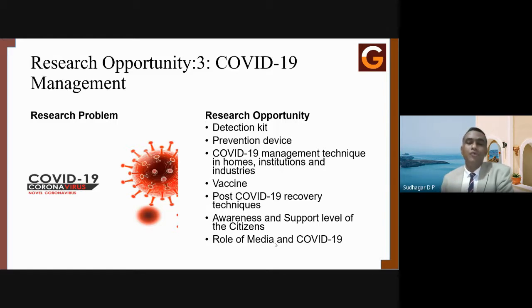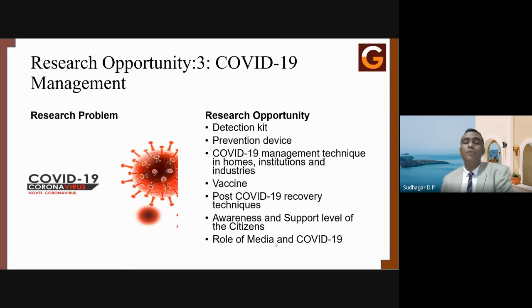So is it possible for you to come out with a detection kit which is very cost effective? Is it possible to come out with a prevention device? Apart from using the mask, is there any other prevention device which could be created which will help you to manage COVID-19 effectively? Is it possible for you to do research on COVID-19 management techniques in homes, institutions, and industries?